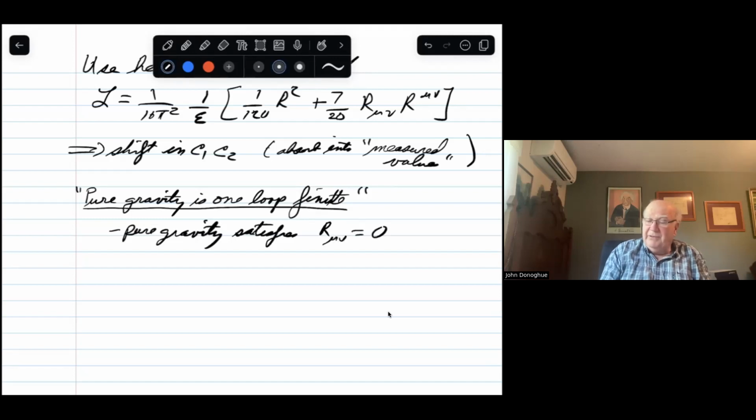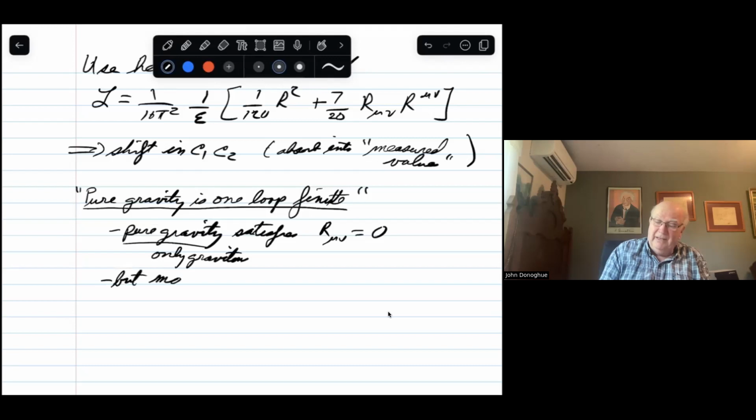And so all the matrix elements of this divergence term vanish if you only have gravitons around there. So pure gravity means only gravitons. So that's true. It's also not particularly useful.